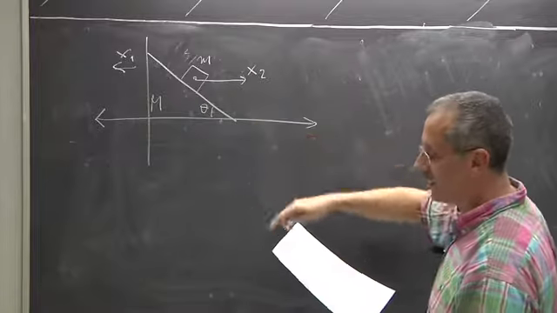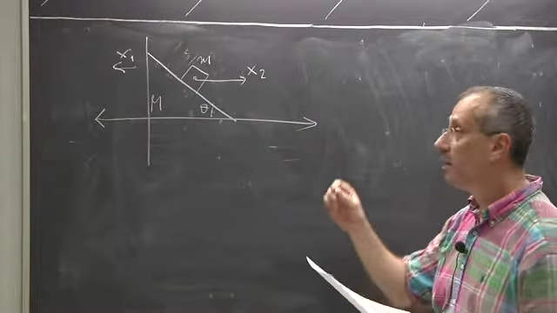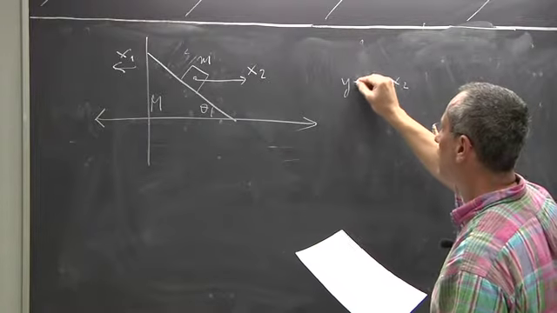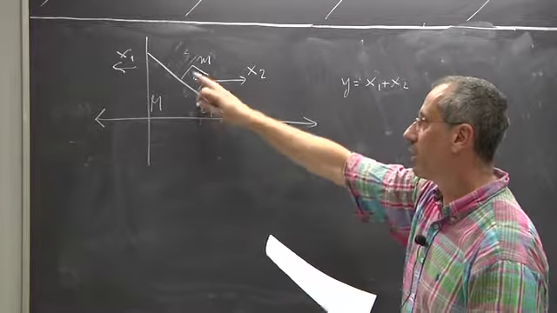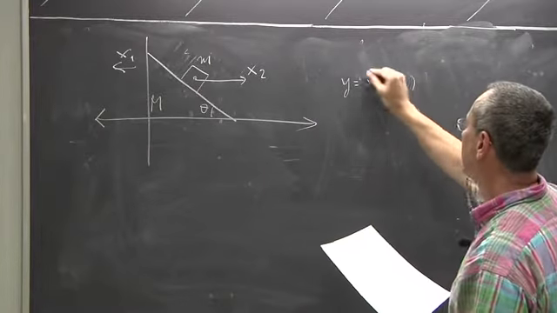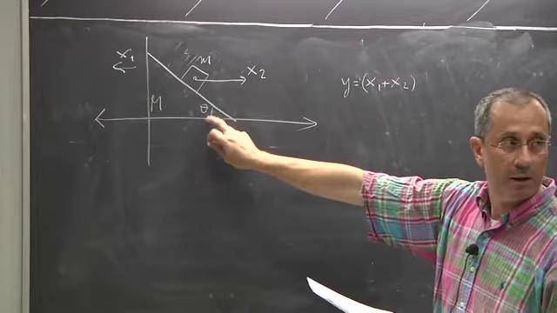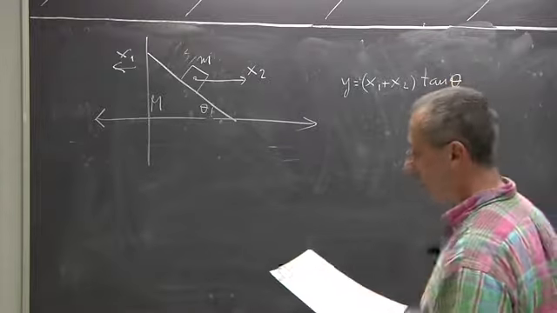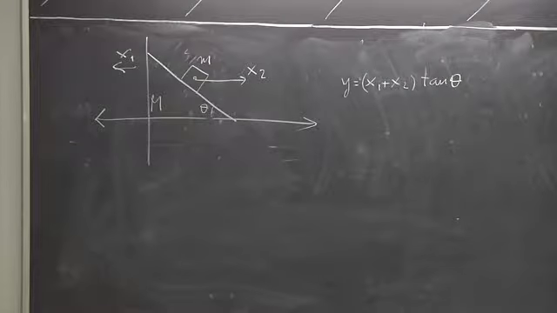So the distance in the y direction is x1 plus x2. So this is, if you wish, y. The height fallen by the block as it moves is this sum here times the tangent of that angle. So these are the two.